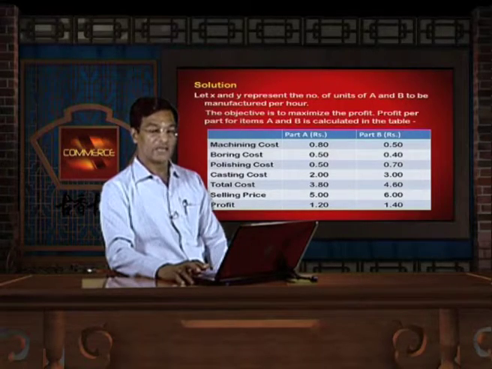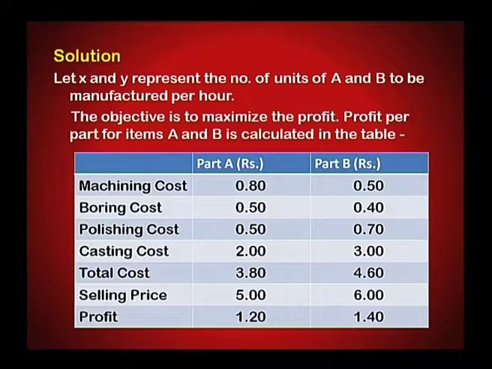Let x and y represent the number of units of A and B to be manufactured per hour. The objective is to maximize the profit, and the profit per part for items A and B is calculated in the following table.